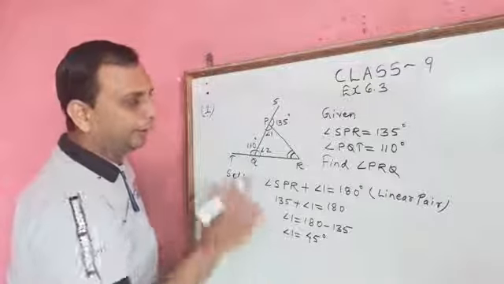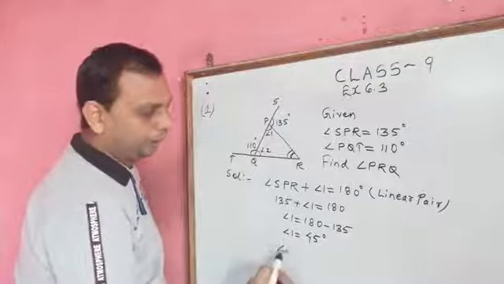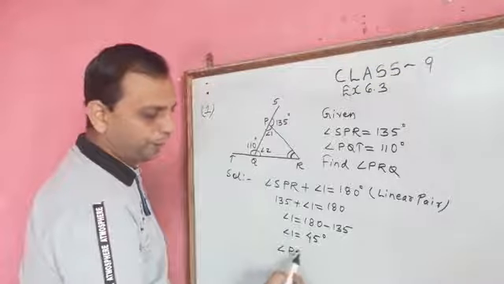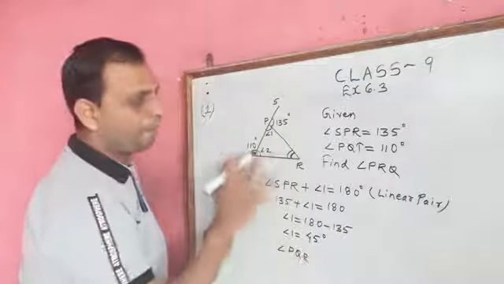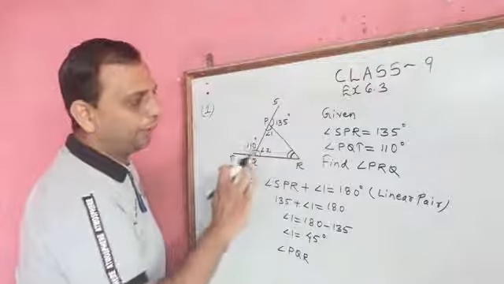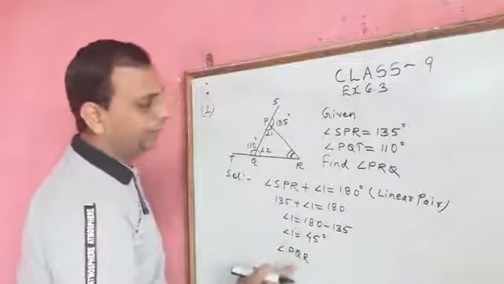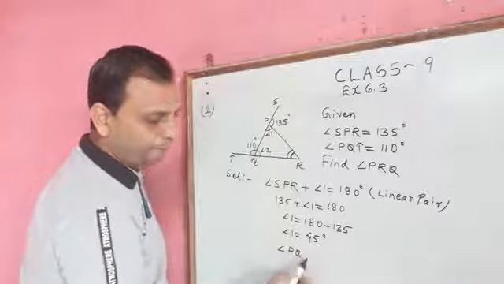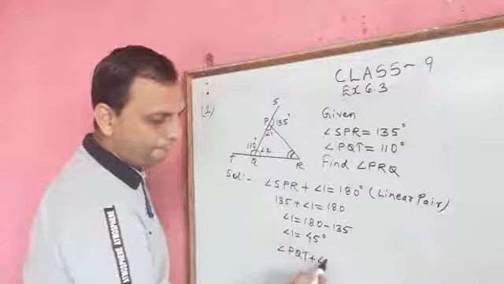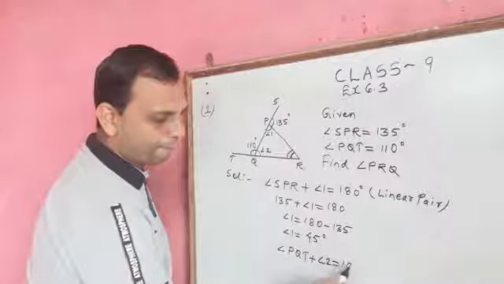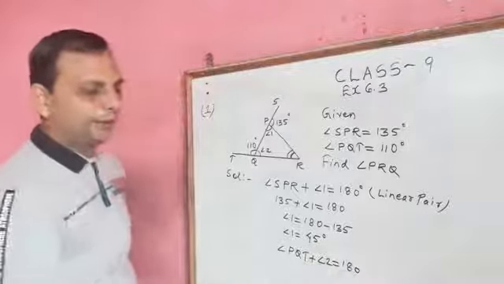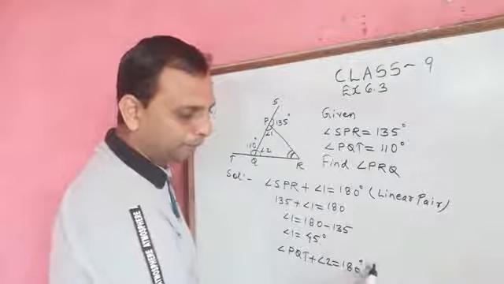Now similarly here, angle 2 plus angle PQT is equal to 180 degrees, linear pair.